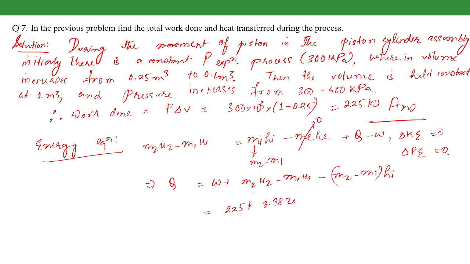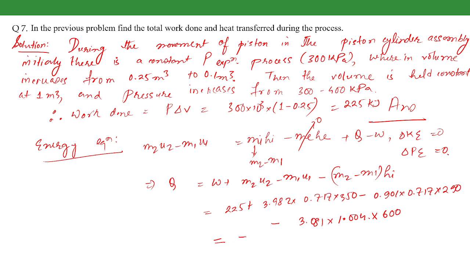3.982 into u2, we are writing as Cv T2, so this is 0.717 into 350, minus initially the mass is 0.901 into 0.717 into 290, minus 3.081 into 1.004 into hi, we are writing as Cp T, so this is 600, and it exists at the inlet condition.